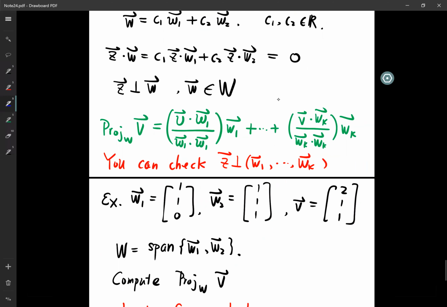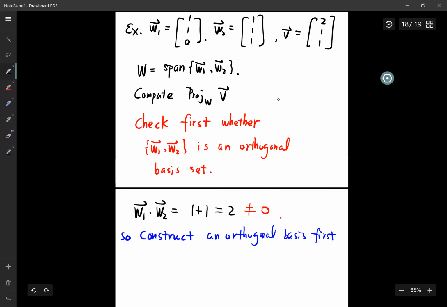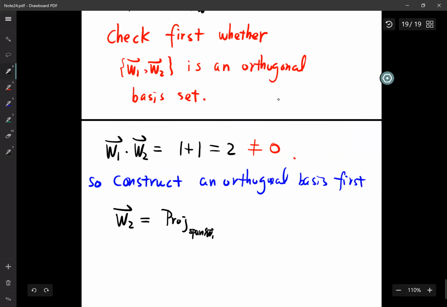It's orthogonal to W1, but it is actually very, very useful, because I can decompose W2 to be the projection of W2 onto the span of W1 plus a Z, let's call it W2 tilde.